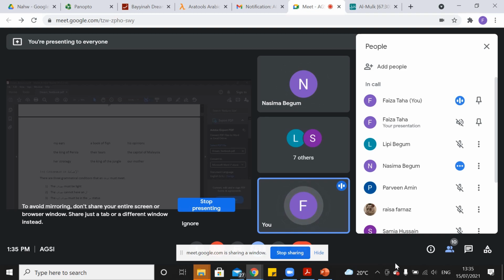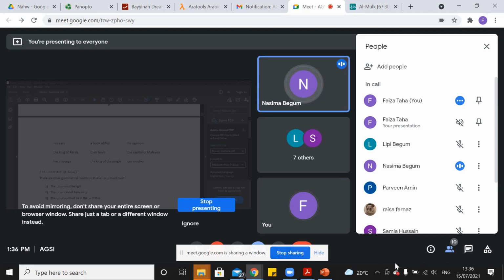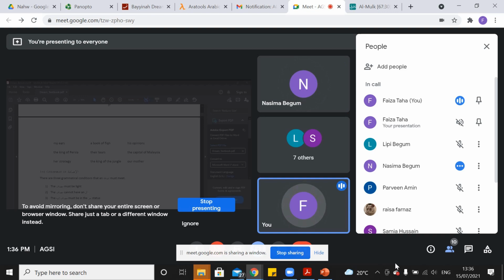The part is a book of fiqh. So what do we say about an Idafah fragment? Mudaf and mudaf ilayh. So what is mudaf and what is mudaf ilayh in a book of fiqh? Okay, we have "of" in here, right?